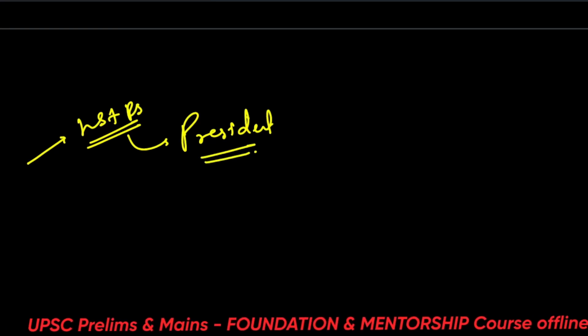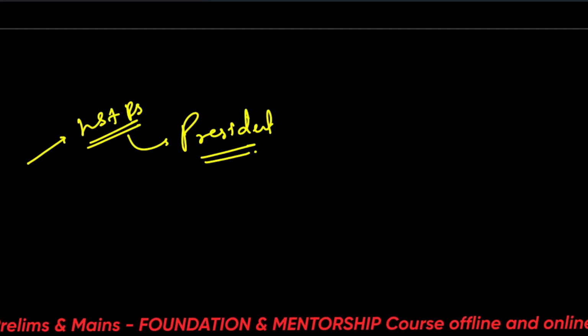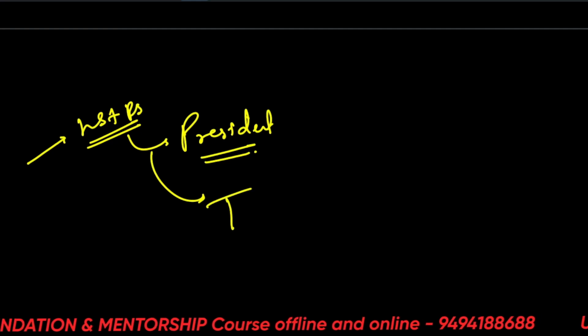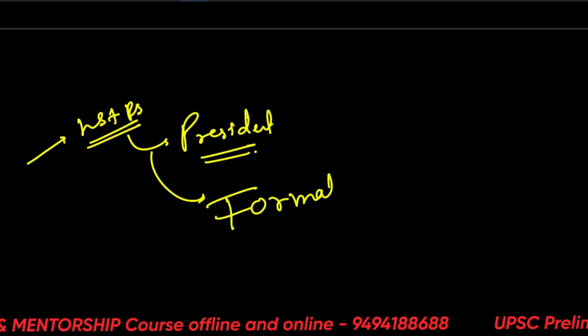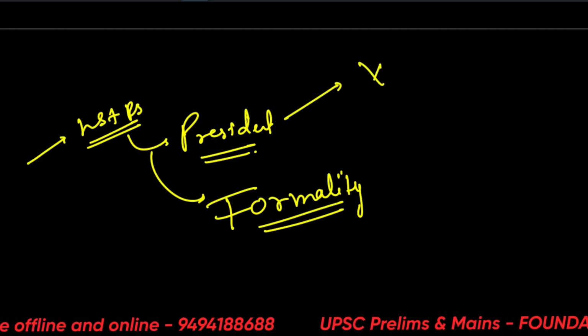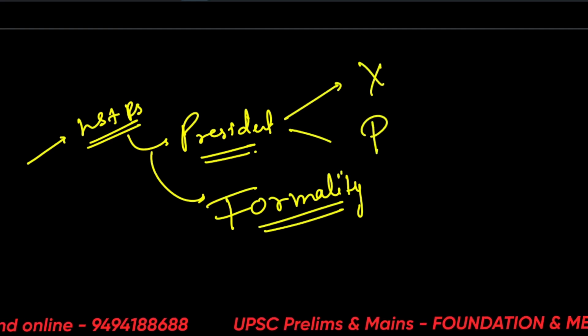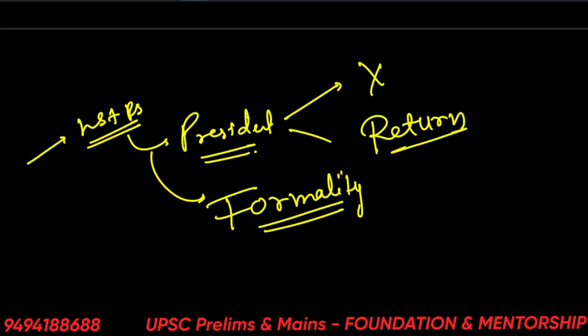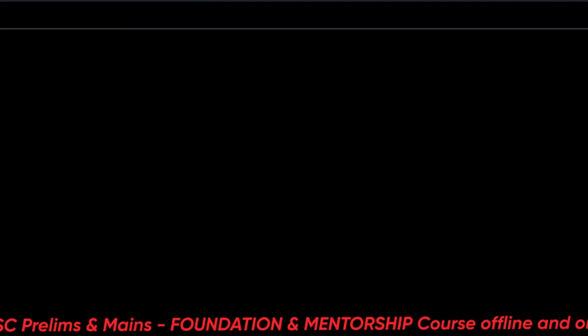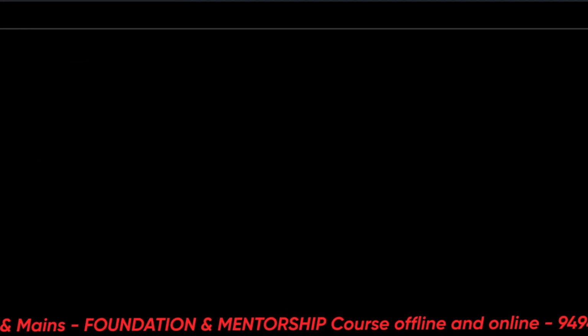He can neither withhold his assent nor return the bill for reconsideration of the parliament. So this is a formality only. After the president's assent, the bill becomes an act.